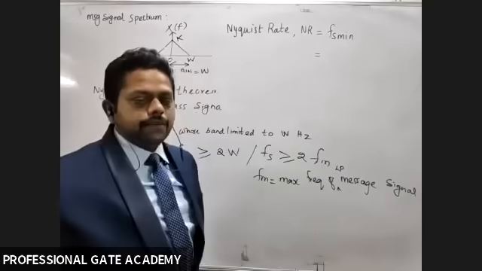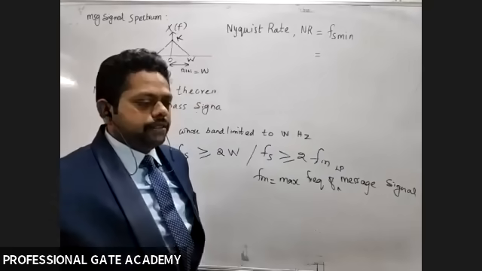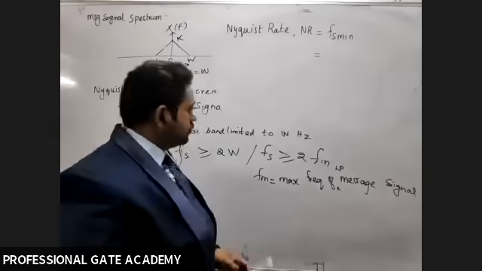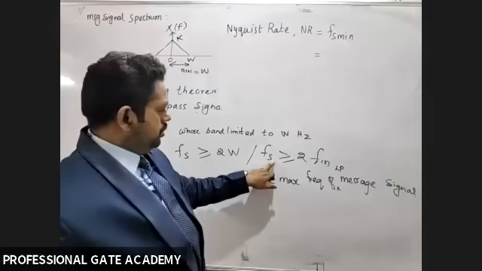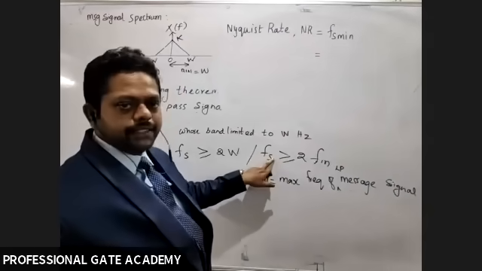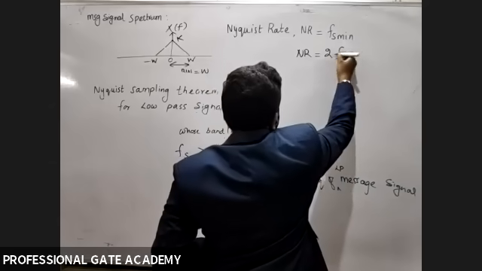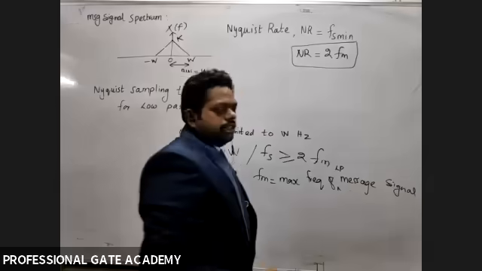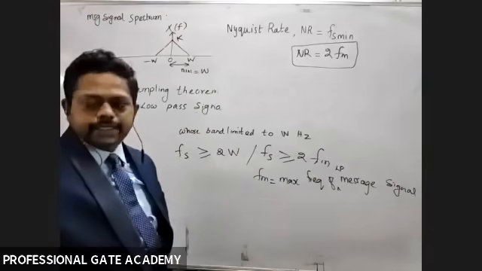What is the minimum sampling frequency? Students, fs is greater than or equal to 2fm, so what is the minimum value of fs? 2fm. Nyquist rate equals 2fm, where fm is the maximum frequency of the message signal.